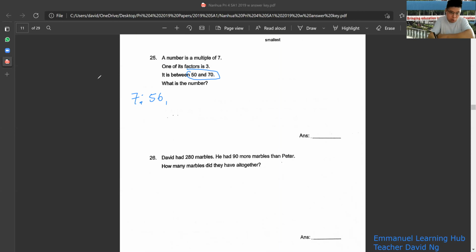If you have memorized, now you can tell me very fast what are the multiples of 7. 63.